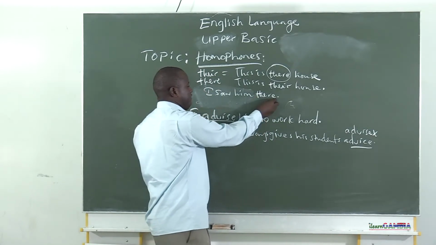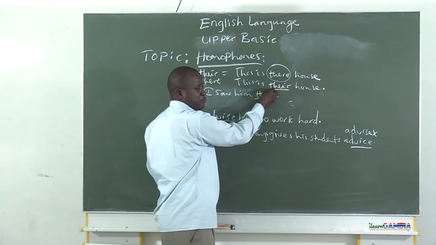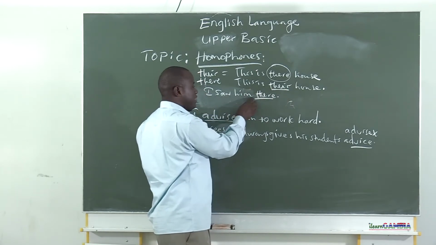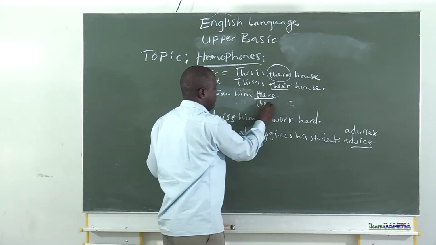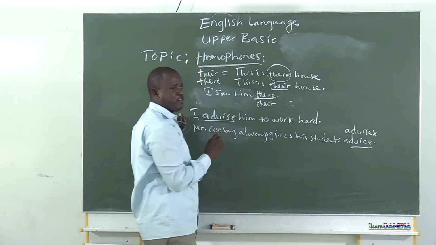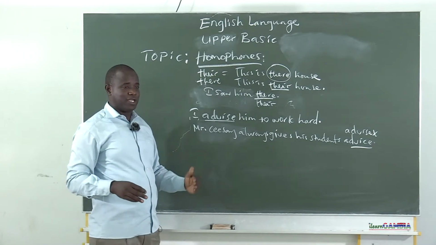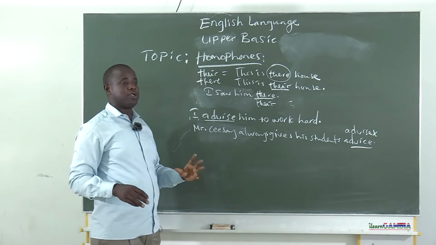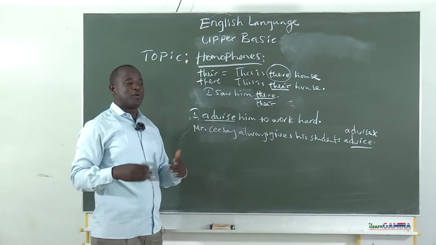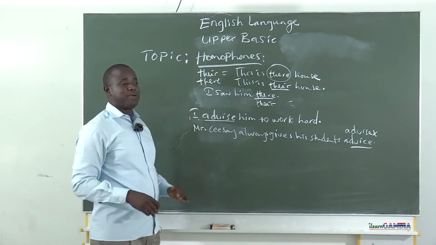This one is referring to a place, and this one is a pronoun. So you say, I saw him there, not with this other one. This is why we said, when using a word that is a homophone, it is important to know the meaning of each word so you can choose the one you want. Otherwise, you can use them wrongly.